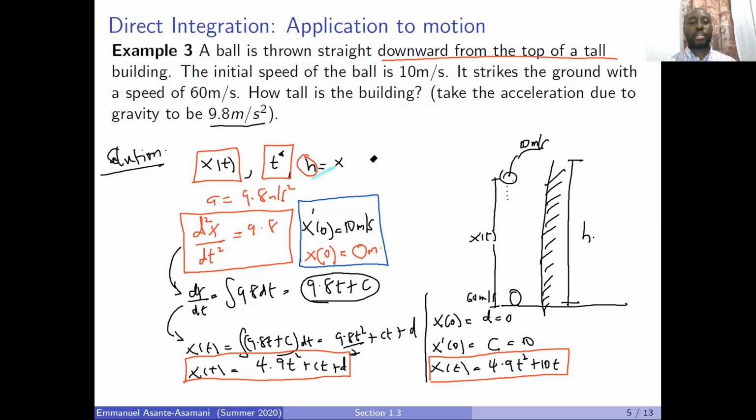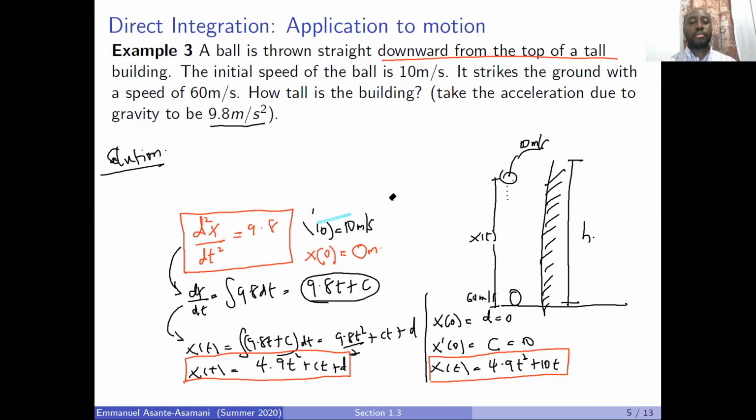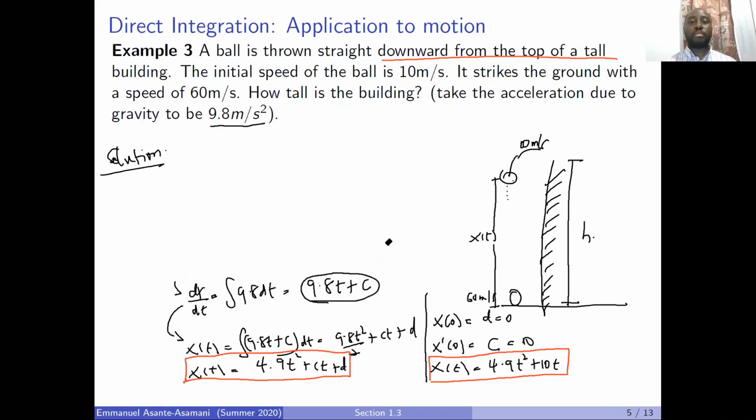Let's try and create some space here. Well, what do we know about when the ball strikes the ground? Right. We know that the velocity of the ball is 60 meters per second. Okay, so we can use that. We know we have the velocity function. Right. We know that the velocity at any time t is given by 9.8 t plus c, which we know to be 10.